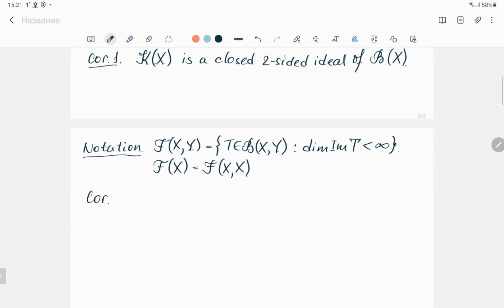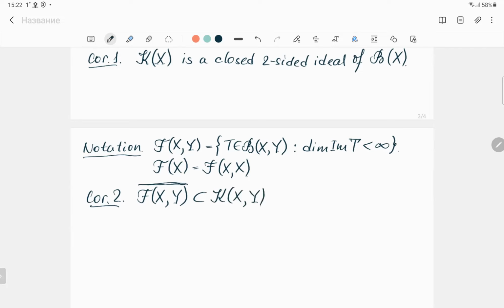Now, corollary 2. If we consider the closure of the subspace of finite rank operators, then it is contained in the compact operators. So we have this inclusion.